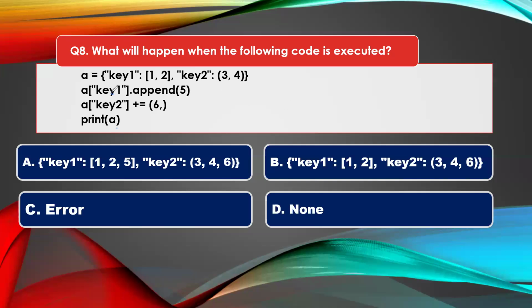This one, key 1, is nothing but 1, 2. Key 2 is nothing but 3, 4. Try to understand this. Okay, let me see this. A is the answer, Prakash.